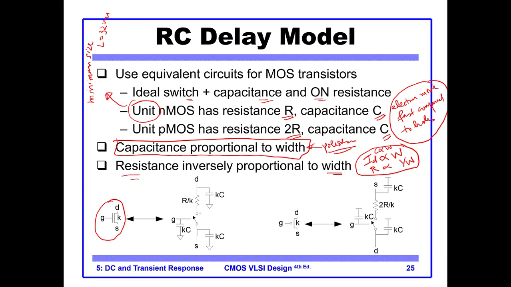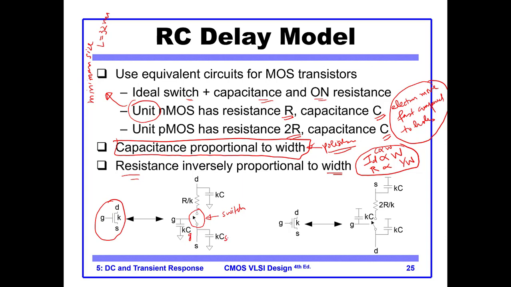So for that, NMOS is modeled by an ideal switch. So this is our switch. Then at the gate we have a capacitance that is K times CG.